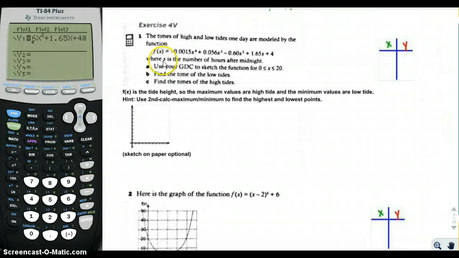Okay, where x is the number of hours after midnight. Okay, use your GDC to sketch the function for 0 to 20.